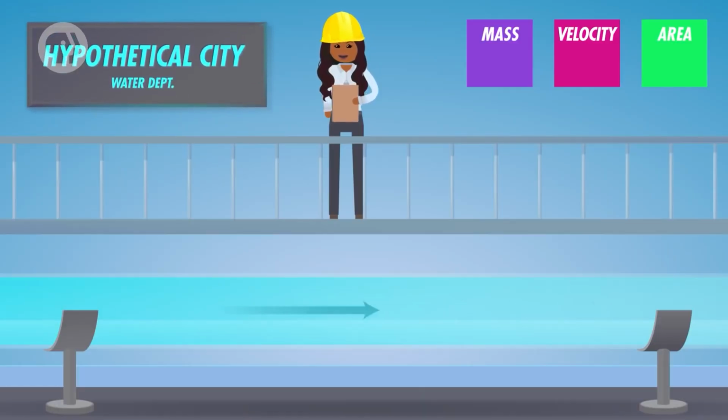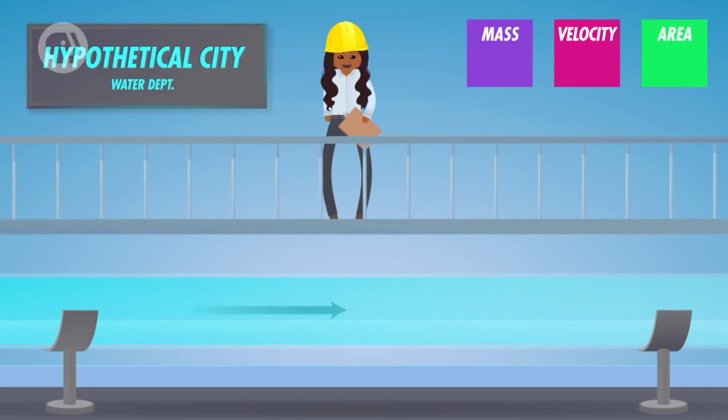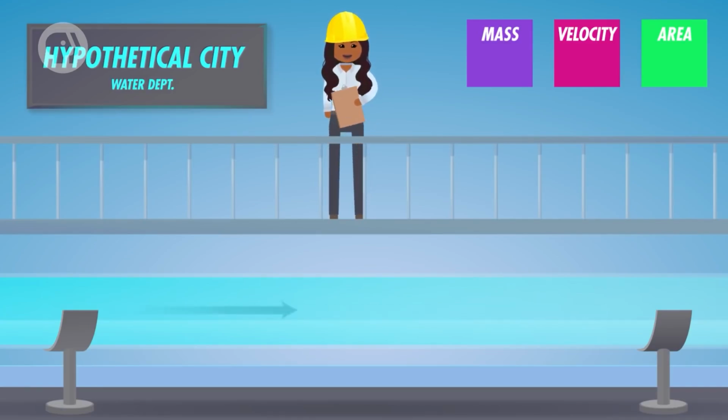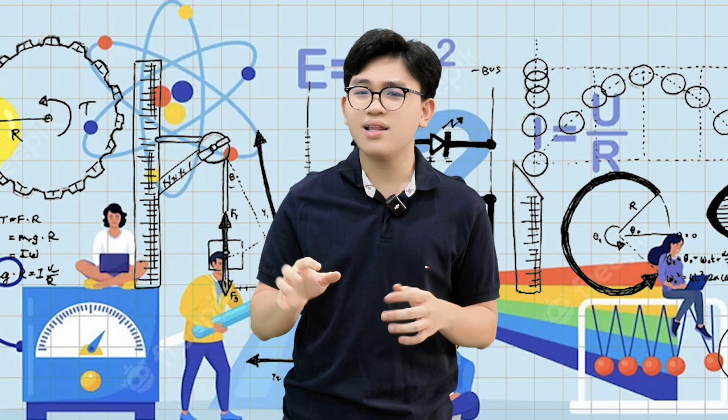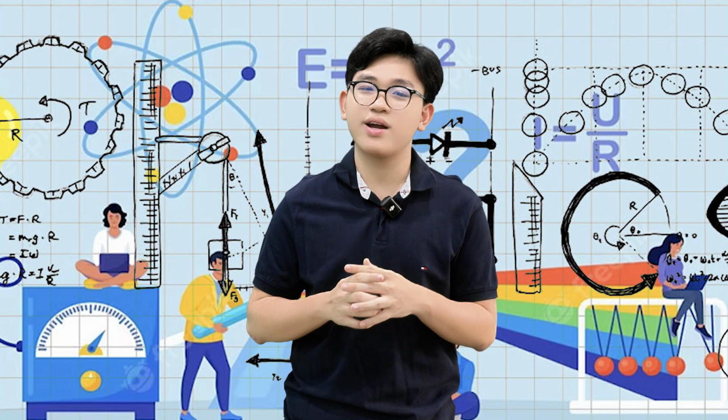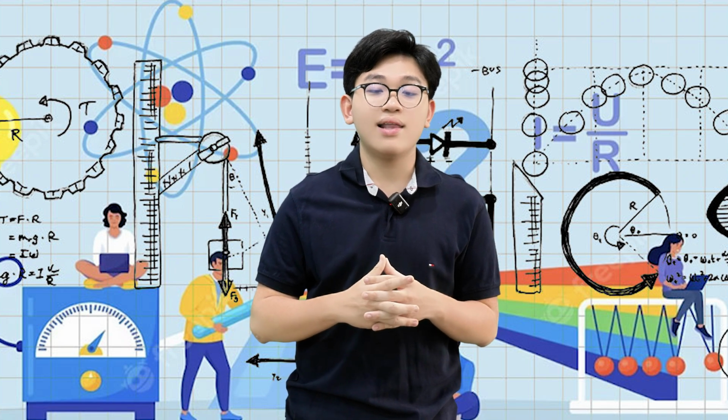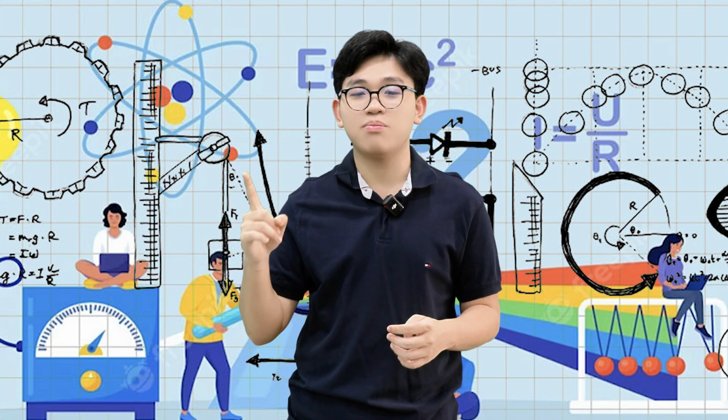So, let's say you're an engineer working with a water system in a hypothetical city, and you need to calculate the mass flow rates of the water in a particular pipe. What do you need? Well, if you know the velocity of the water and the area of the pipe, you can use a little bit of algebra to figure it out. First, let's look at the cross-section of the pipe.